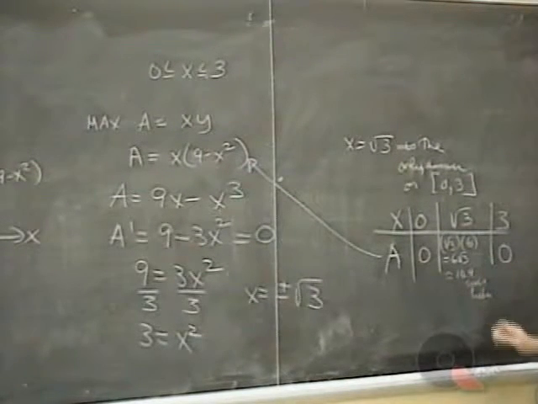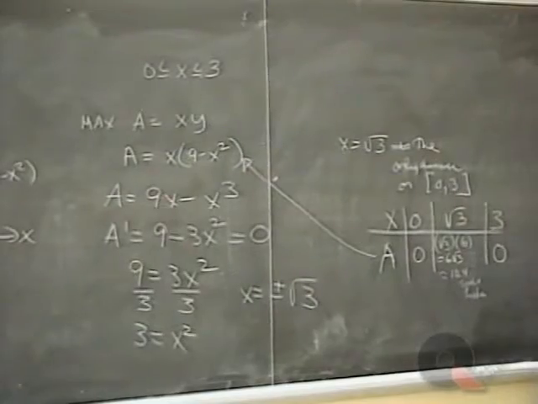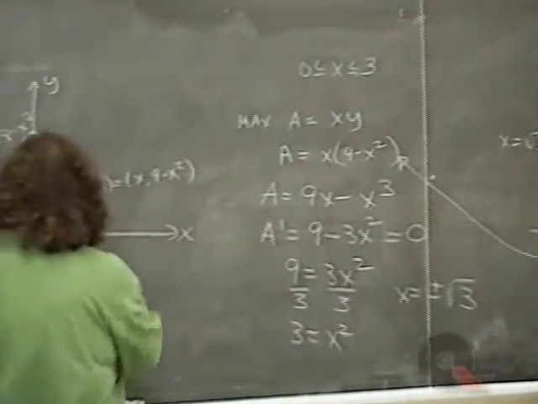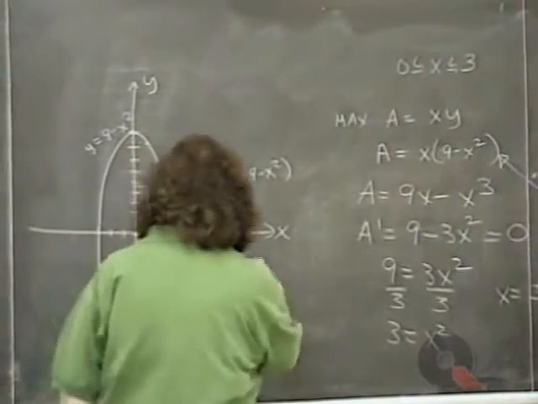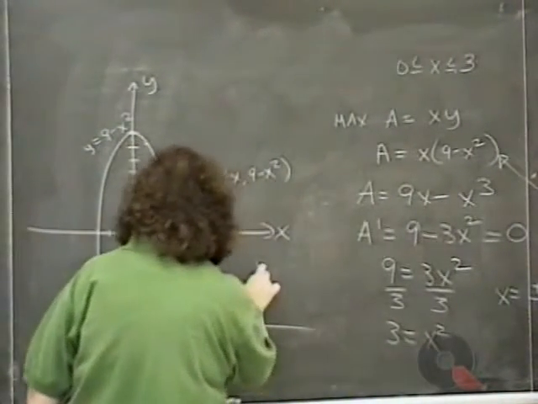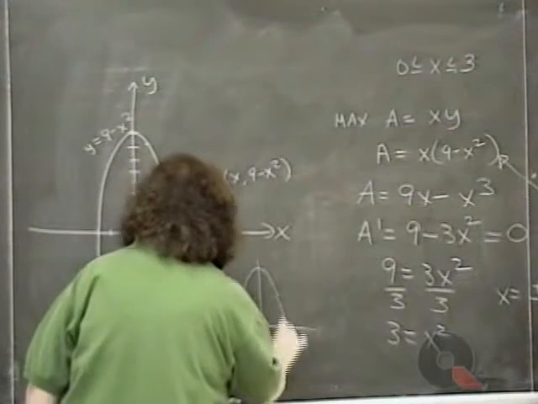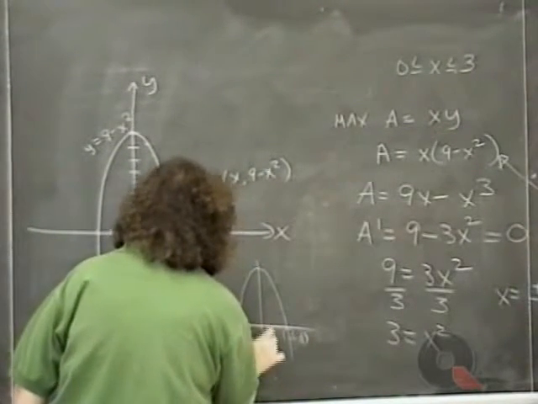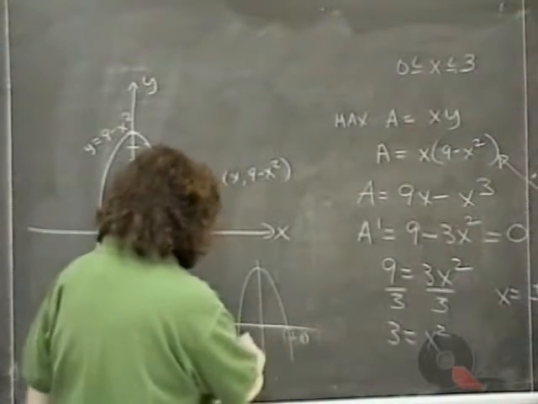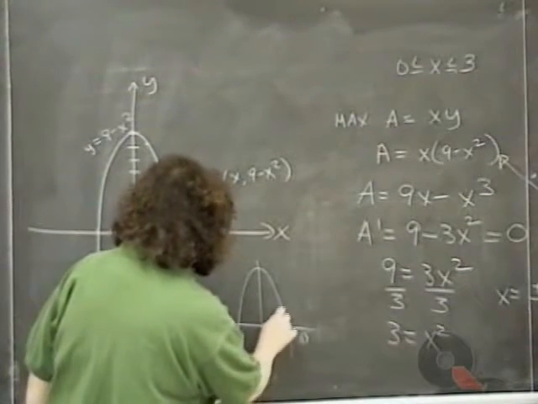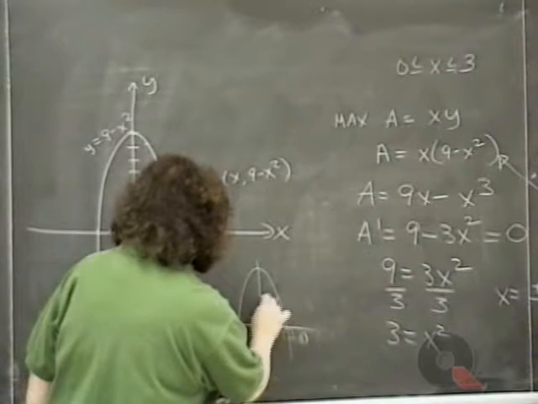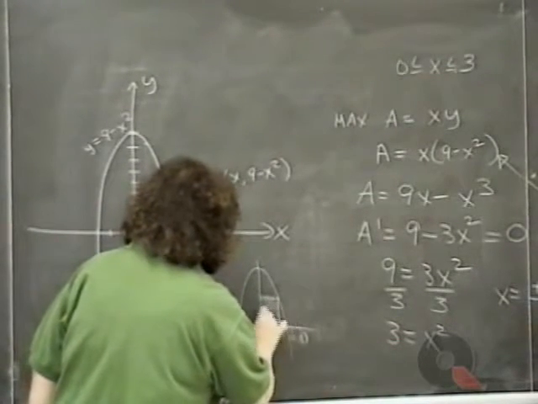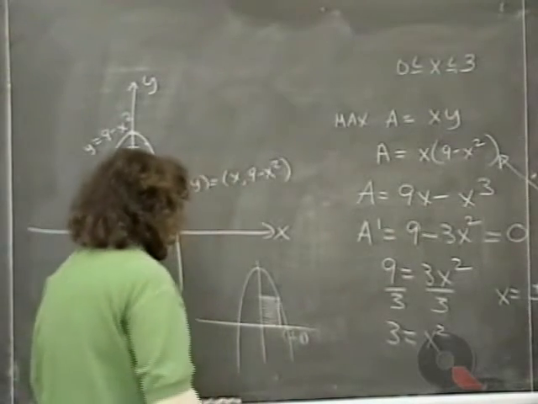So the ideal rectangle, the maximum, would occur, this is 3, 0, this is 0, 0. We go over the square root of 3, which is about 1.7. And this would be the rectangle of maximum area.